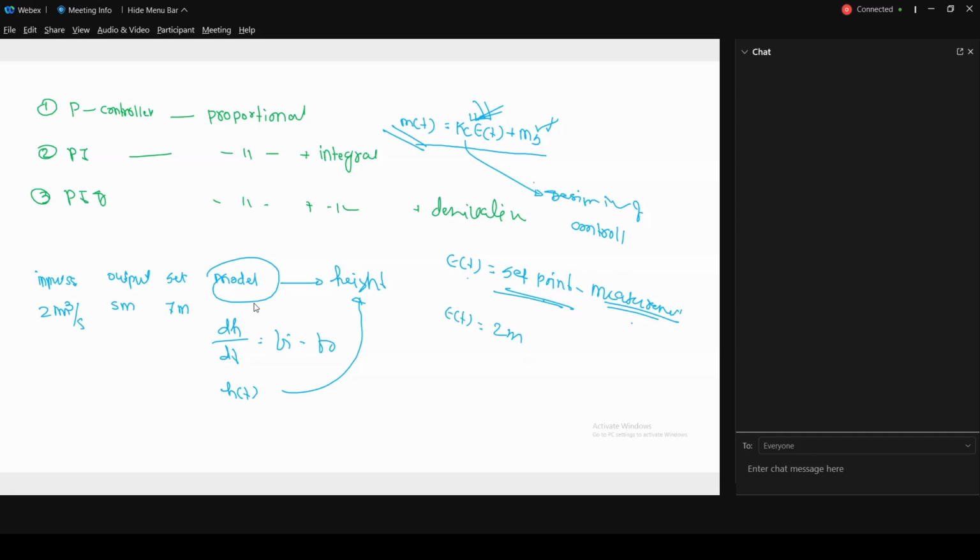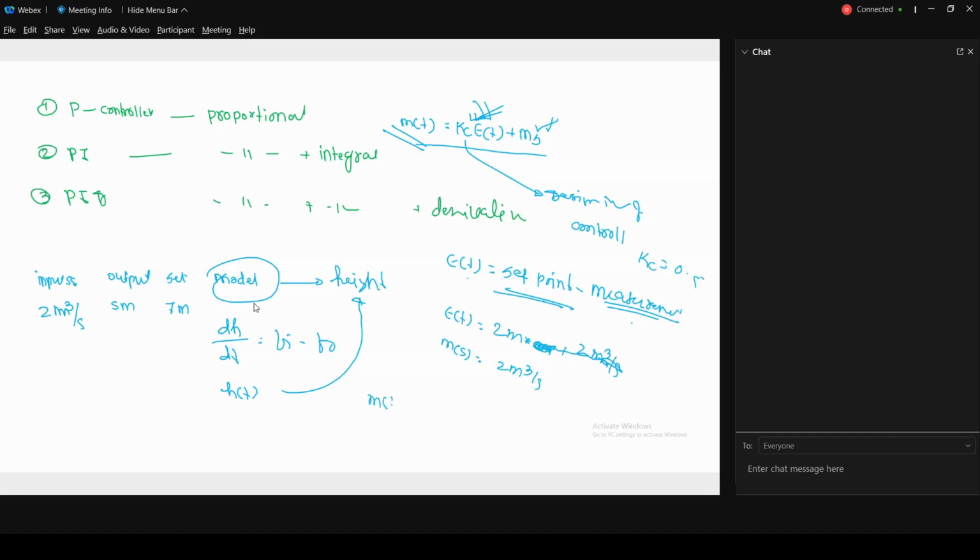And you set ms as 2 meter cube per second, and Kc is a constant for this controller, 0.5. So this is epsilon of t, and I have ms at this point in time as 2 meter cube per second.